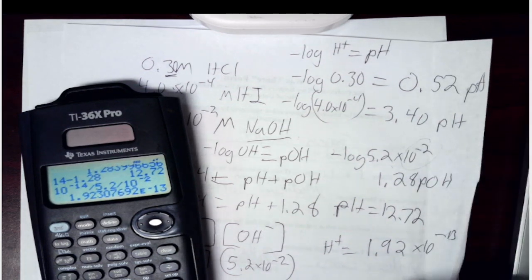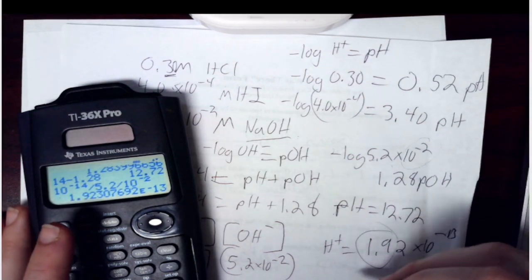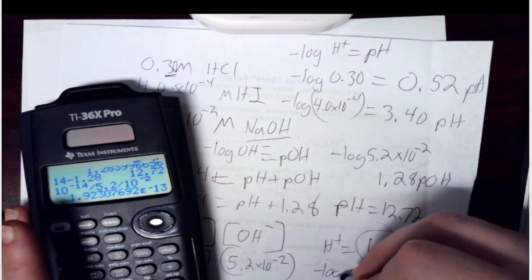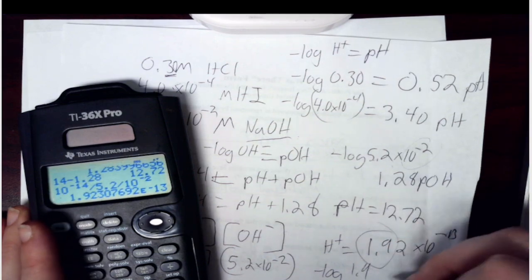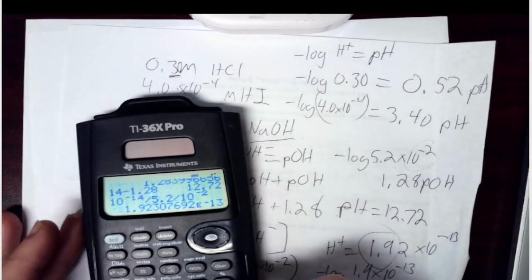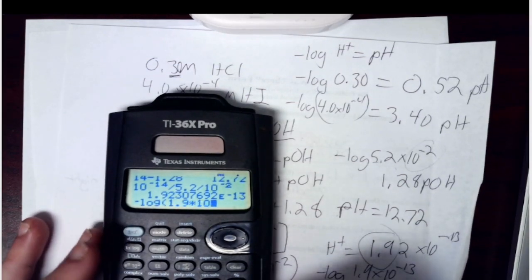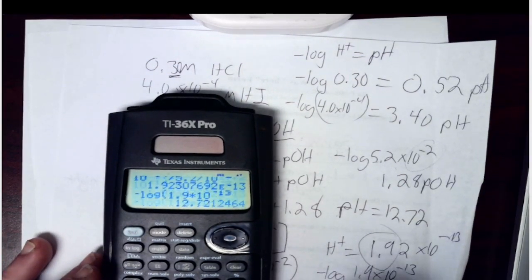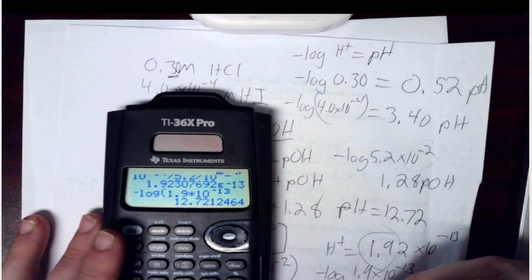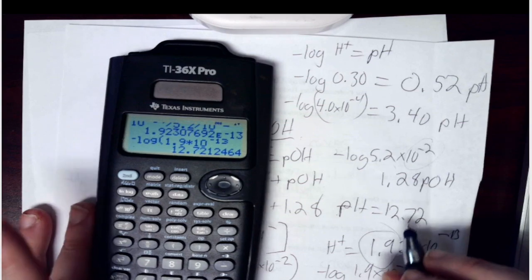Technically, I should just round it to 1.9. So these are my two sig figs. And take the negative log of 1.9 times 10 to the negative 13th, and what do you know? It gives me 12.72 again.